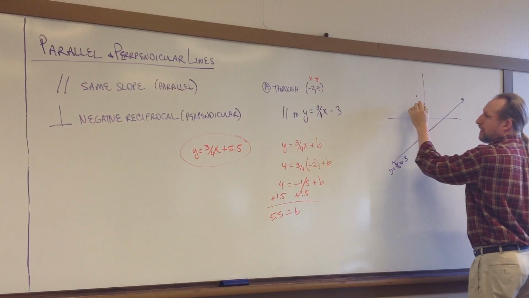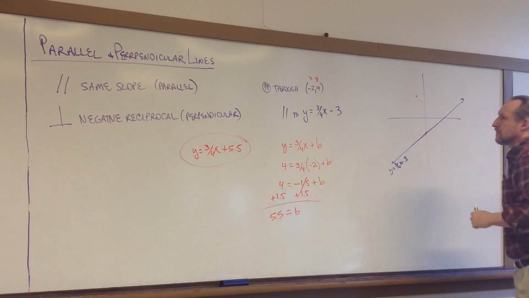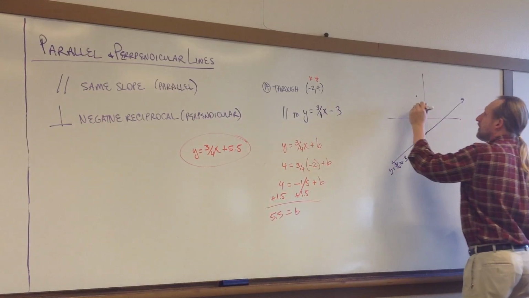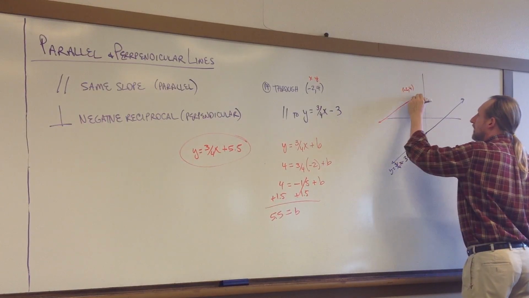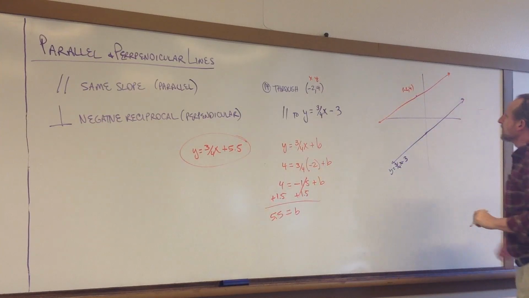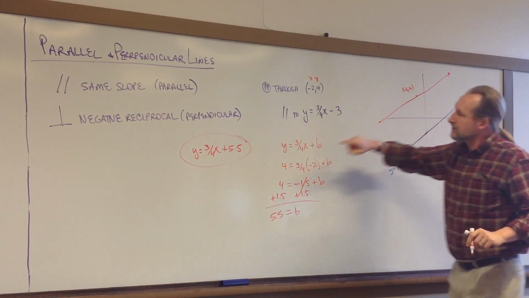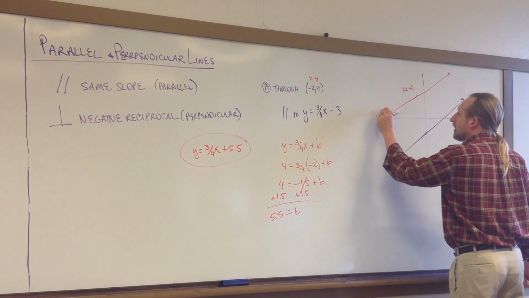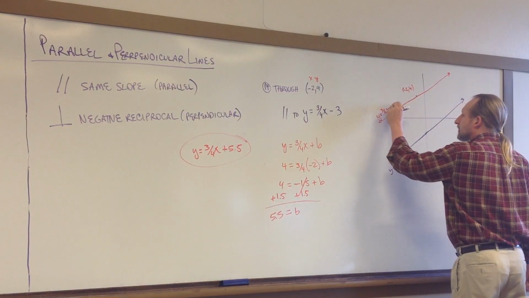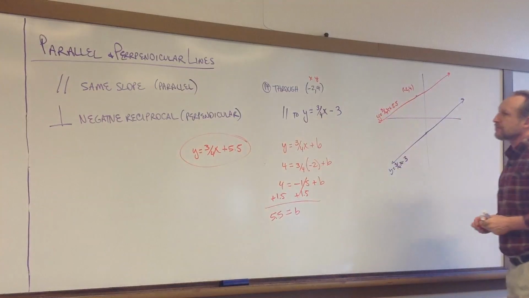So a parallel line, let's do this in red, through (-2, 4), would look something like that. And that y-intercept looks like it could be 5.5. And so there's our line, 3/4 x + 5.5.